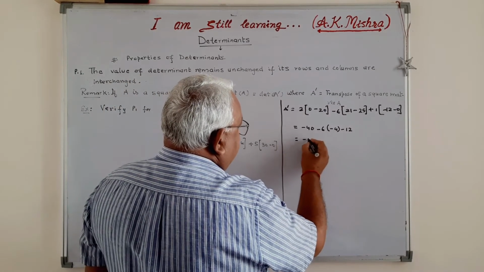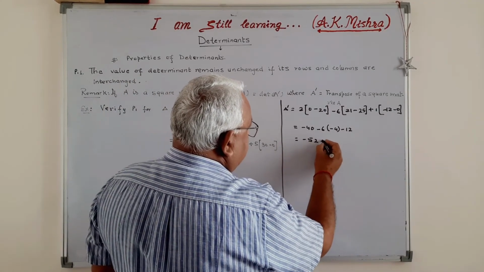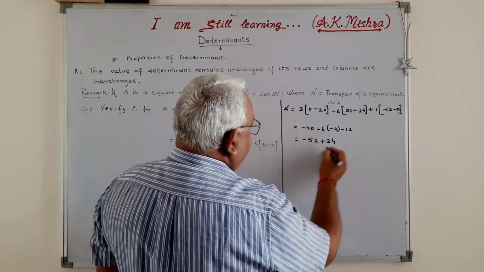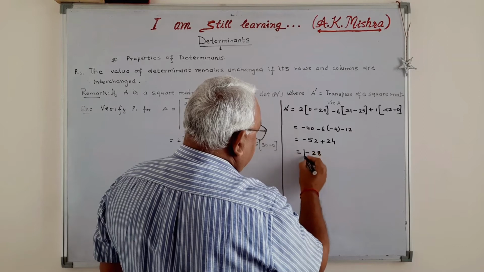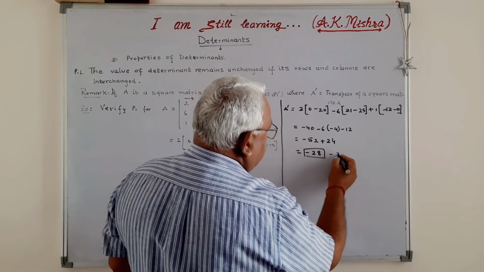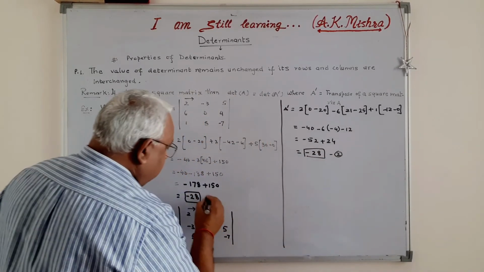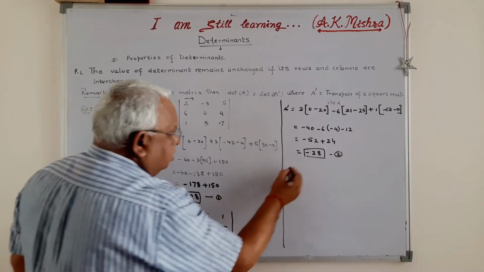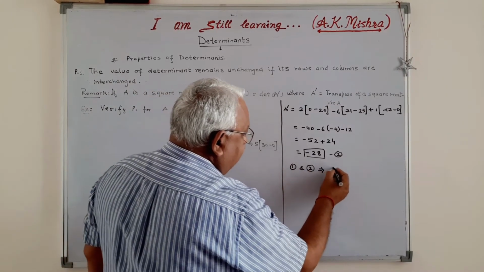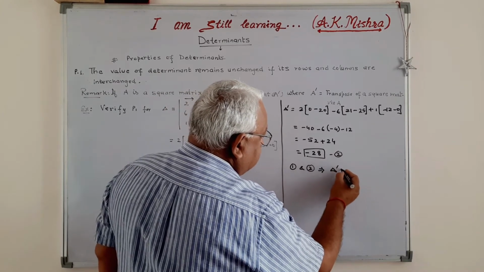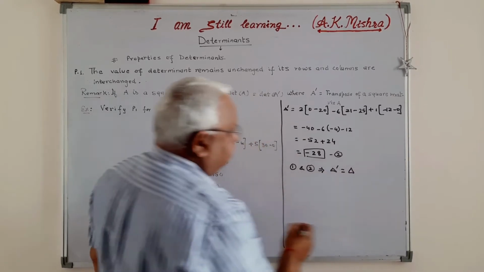So it is minus 52 plus 24, which is minus 28. So you can call this 2, and the earlier one 1. So 1 and 2 imply delta dash is the same as delta.